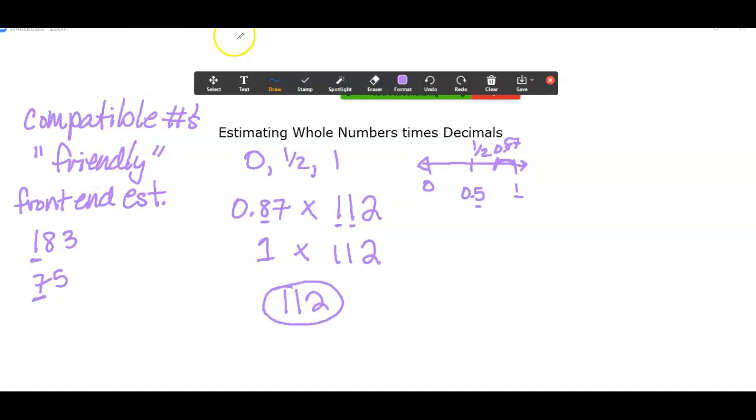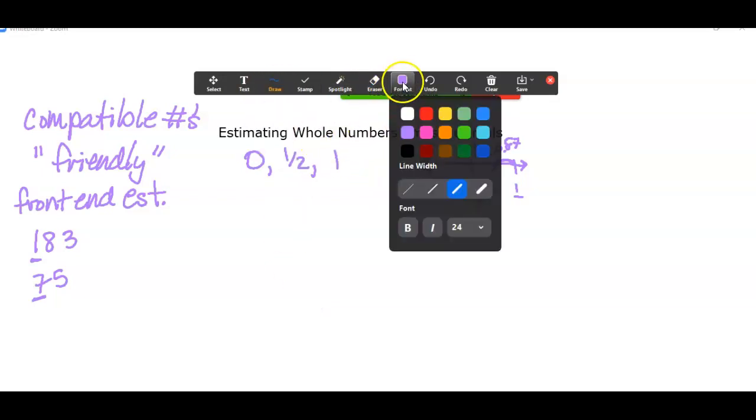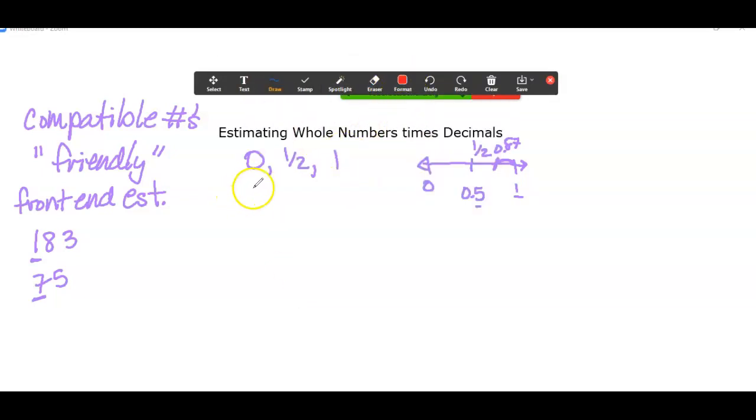All right, so I'm going to erase some of this so that we can have some more room, but I want to keep up those words and the rounding information up here. So the next one that we're going to work with is 9 and 2 hundredths times 80.